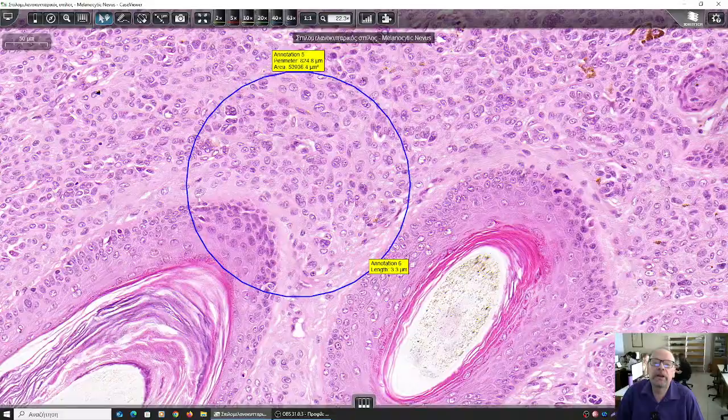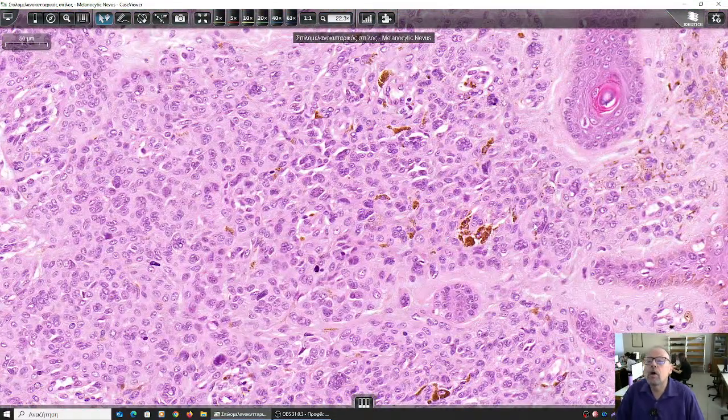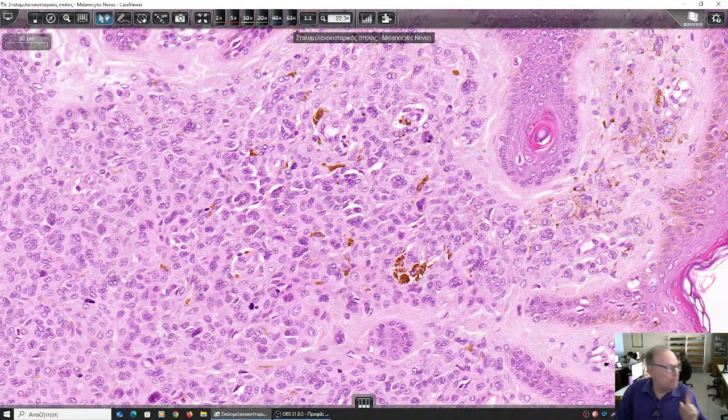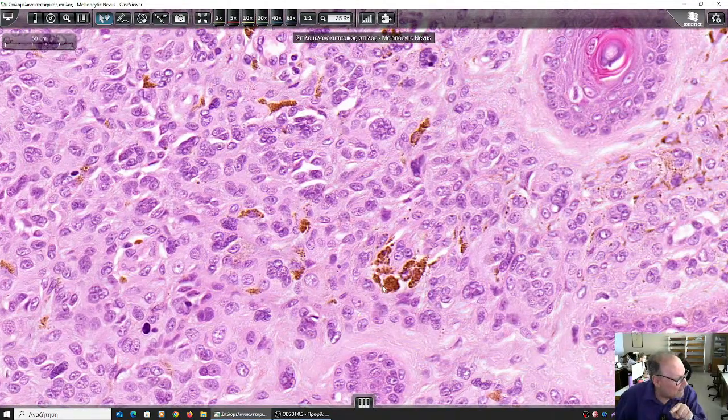Some marks here, yeah. Always pay attention. If you see melanin, you always have to differentiate whether it is a sign of melanocytic differentiation. That means it would be finely granular. If you see coarsely granular melanin, this is not a sign of melanocytic differentiation.